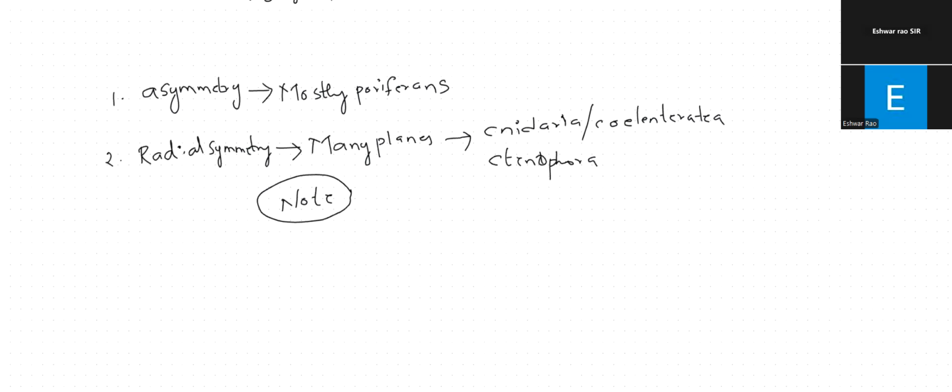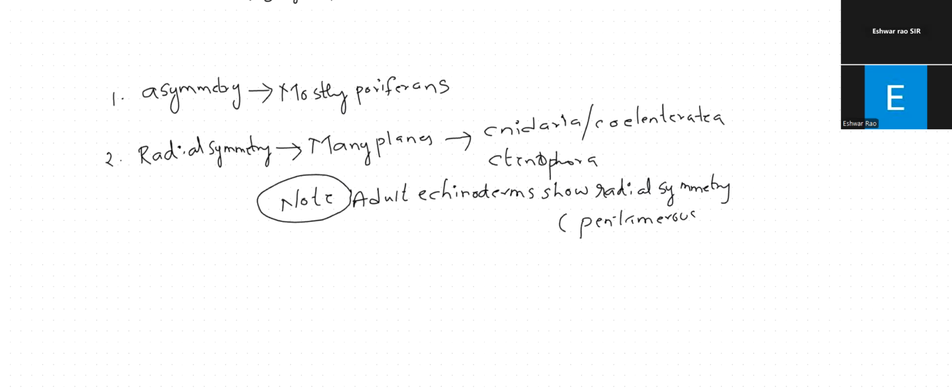Adult echinoderms, phylum Echinodermata, show pentamerous radial symmetry. Penta means what? Five planes.